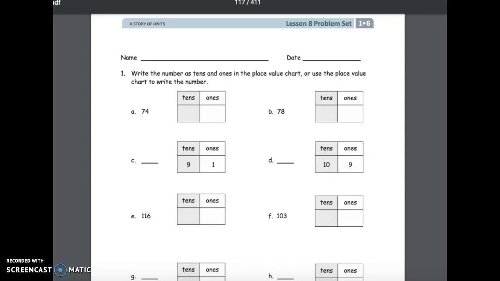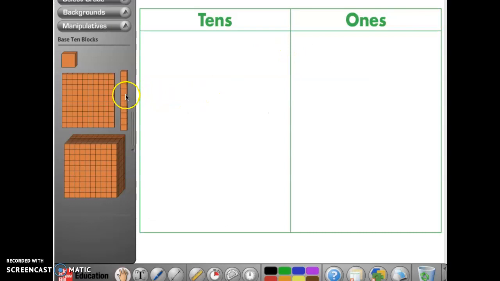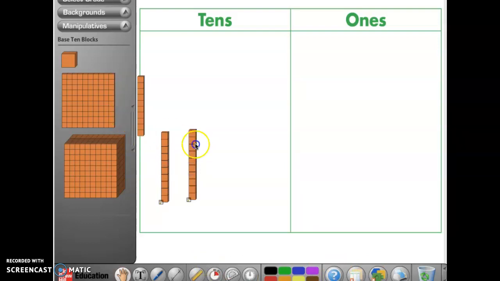I'm going to go back to my place value chart. Bear with me for just a minute.